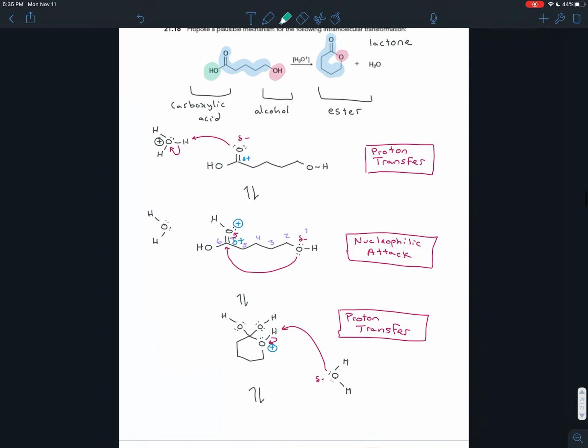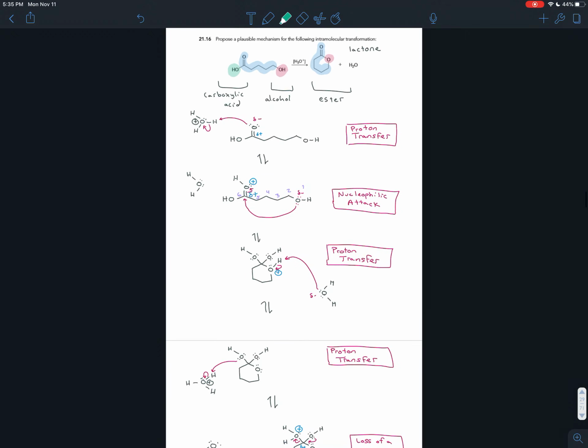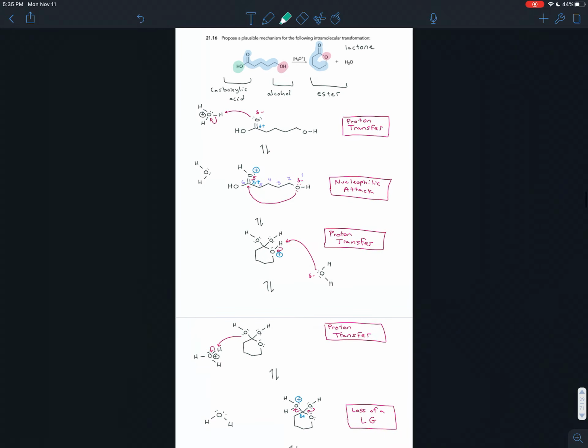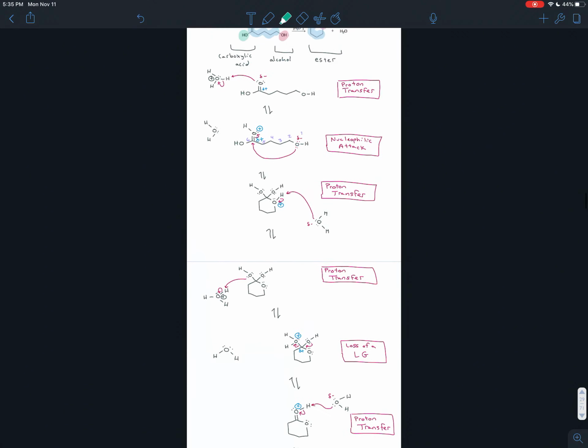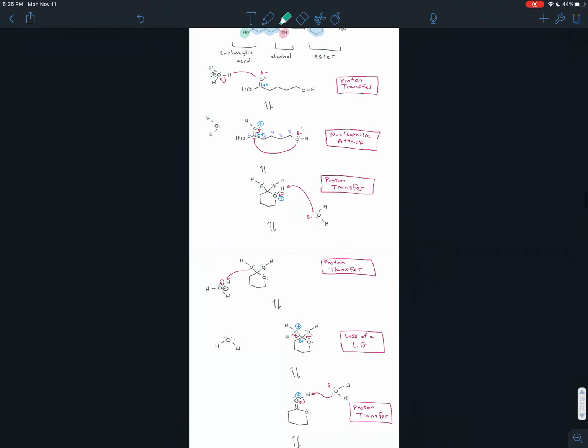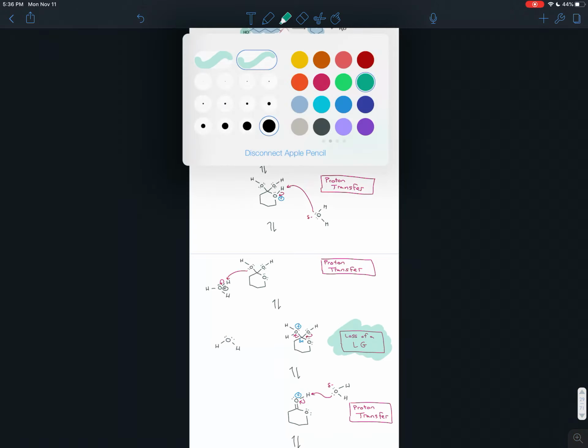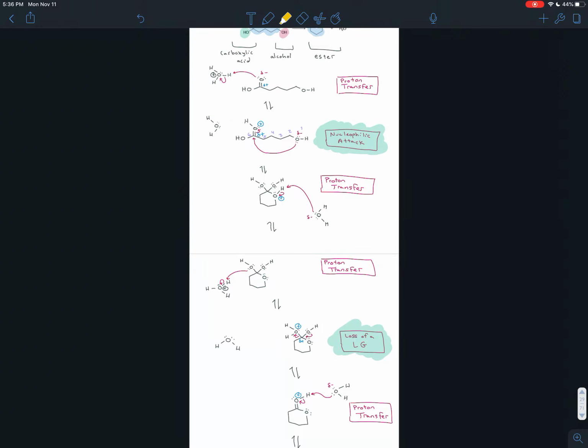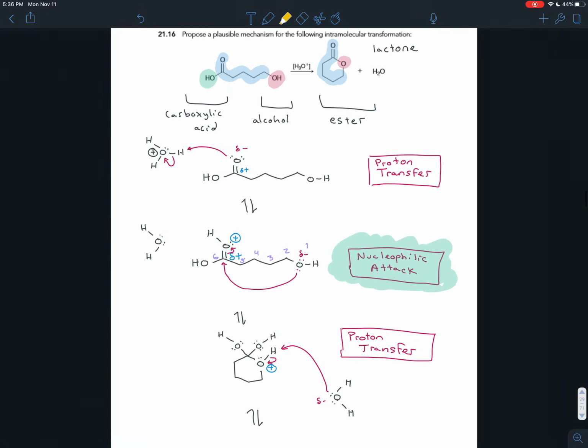So if you zoom out and think about this on a grand scale, we just saw what it looked like on a minute granular scale. But if we want to see what it looks like on a grand scale, you can see all of these steps. The 2 essential steps for substitution reactions are there: nucleophilic attack and loss of a leaving group. Everything else is a proton transfer that either made something more reactive or less reactive, less stable or more stable.